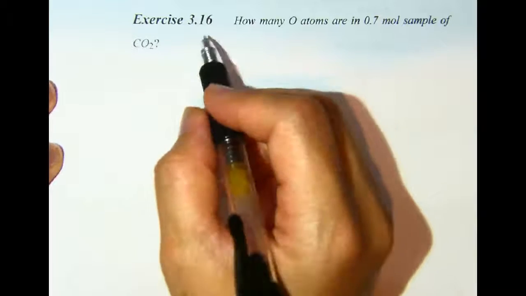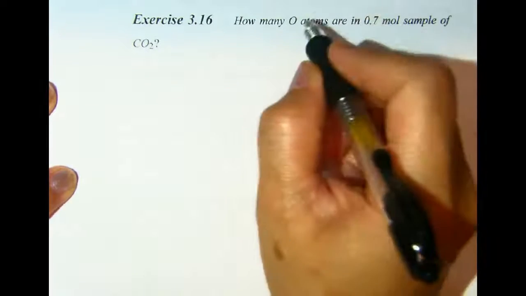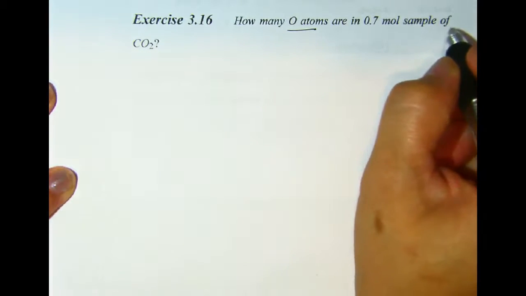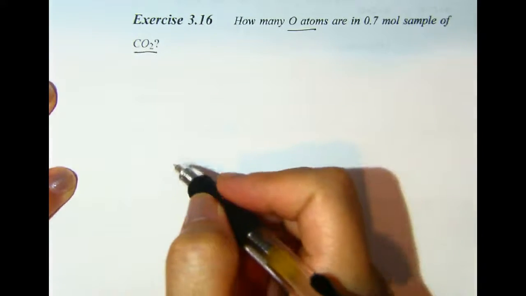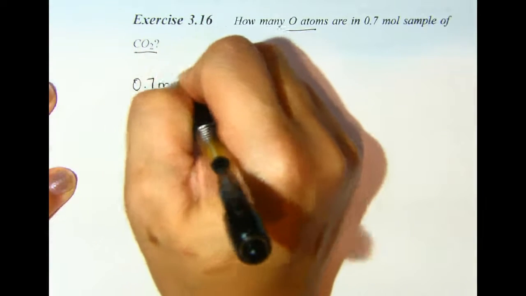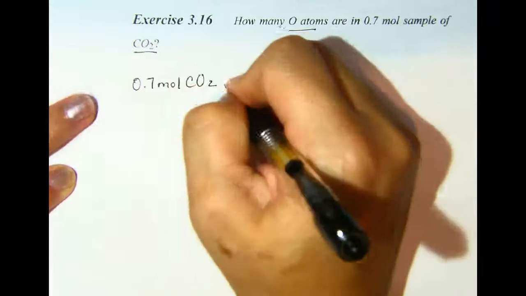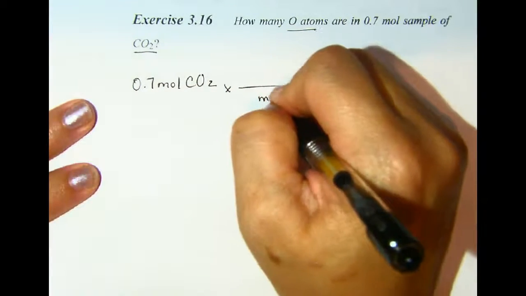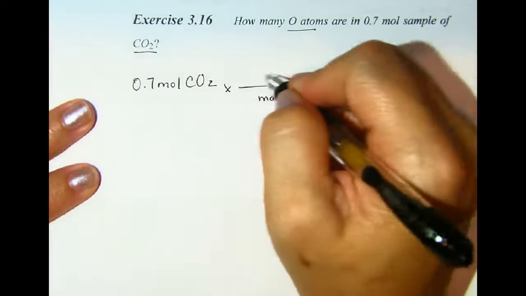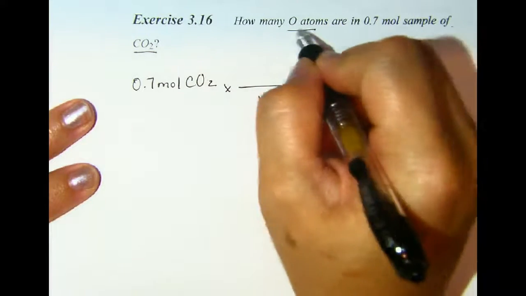So exercise 3.16, how many oxygen atoms are in a 0.7 moles sample of CO2? We have to be careful because we're given 0.7 moles of CO2 times, draw a line, if I bring down moles of CO2, and I can't put atoms of CO2 up here because that's not what I'm being asked for.